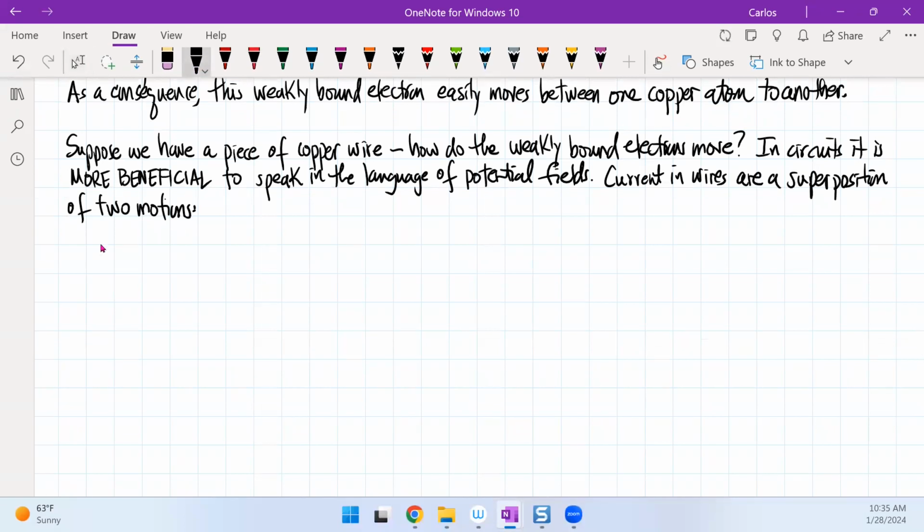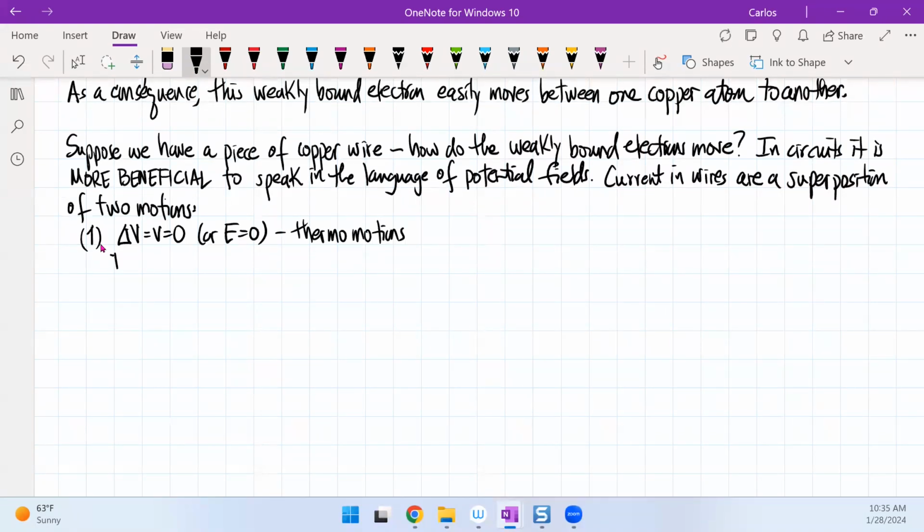One motion, this is when the voltage is zero, or we could say that the electric field in the wires is zero. This gives us thermal motions of these weakly bound electrons in the copper.